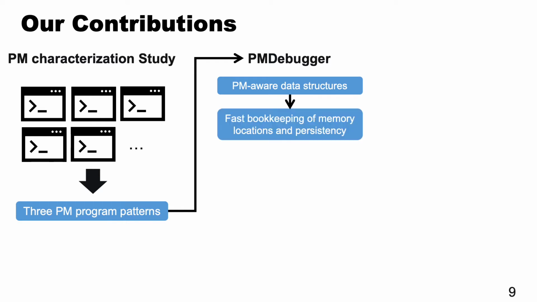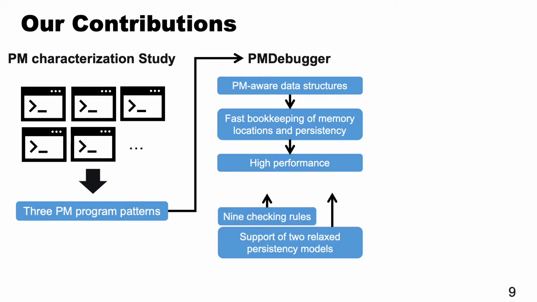In this work, we first characterize PM programs in terms of how store, write back, and fence instructions happen, and get 3 PM program patterns. Then, depending on these patterns, we design PMDebugger, which uses PM-aware data structures to achieve faster bookkeeping of memory locations and persistence.